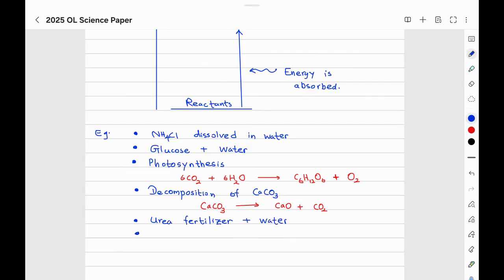Then citric acid and sodium bicarbonate. Can anyone tell me the source of citric acid? Where can we obtain citric acid?